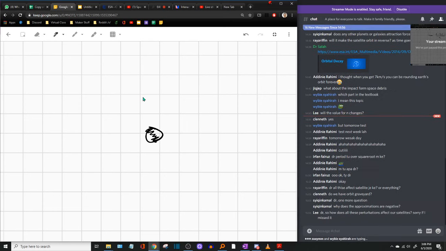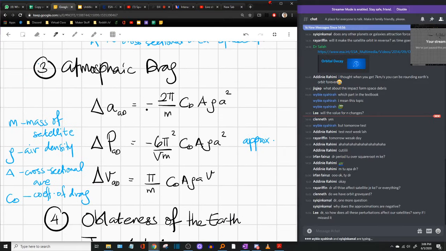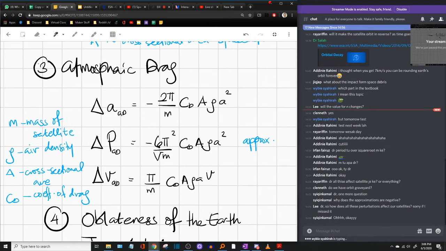It's just a direction, Shikin. It's just a direction where it's going. If you're talking about the solar radiation, it's just the direction. And why is this negative? Because atmospheric drag will reduce your semi-major axis. That means the drag will make your semi-major axis lower, lower, and lower.